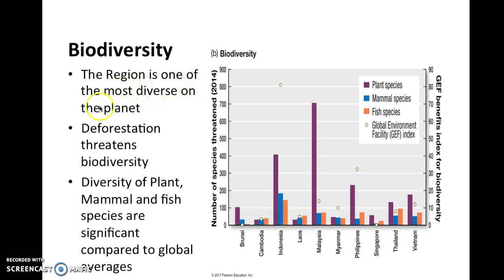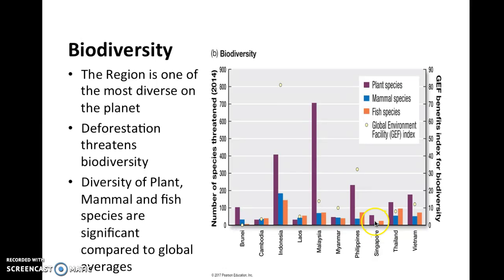Biodiversity. So the region is one of the most diverse on the planet. But deforestation threatens the biodiversity. You can kind of see when you look through here, this is the number of plant species. This is the number of mammal species, fish species.